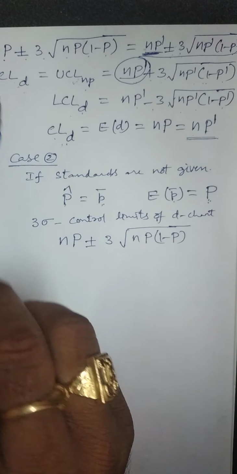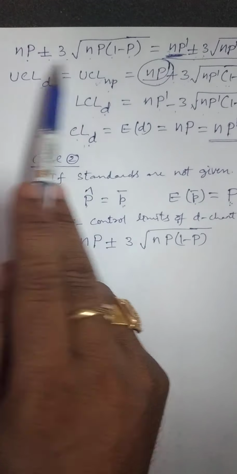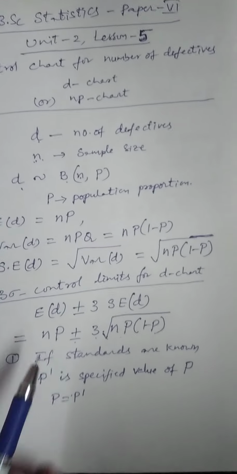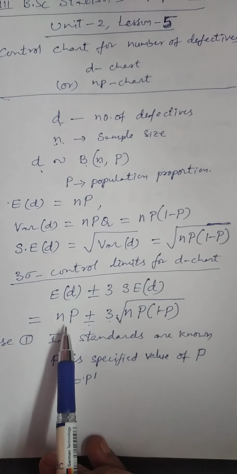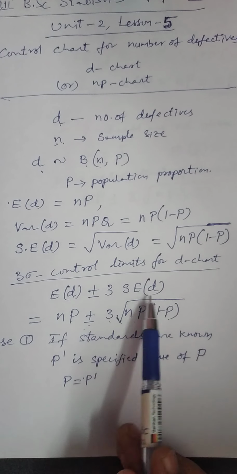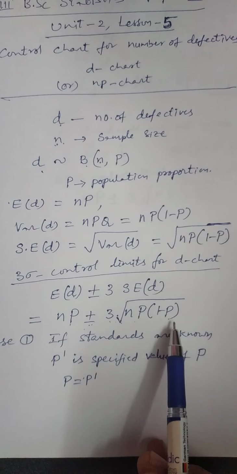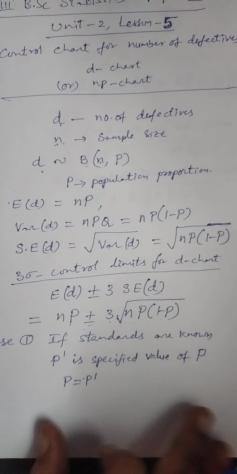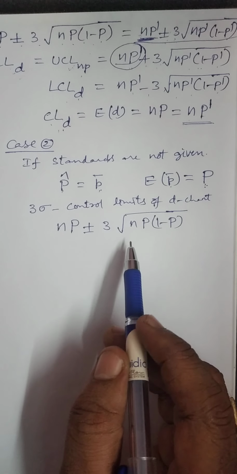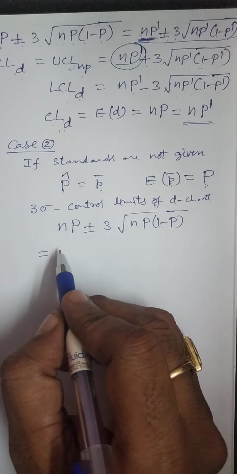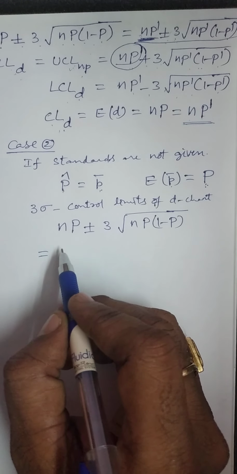You recollect the formula here. Or else, you consider the very first formula we have calculated, expectation of D plus or minus 3 into standard error of D, that is NP plus or minus 3 into square root of NP into 1 minus P. This is the formula we have derived. So, I am considering the same formula here. Now, finalize this particular formula and then you calculate UCL and LCL.